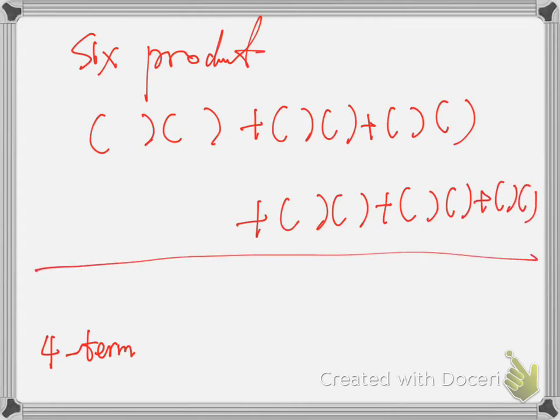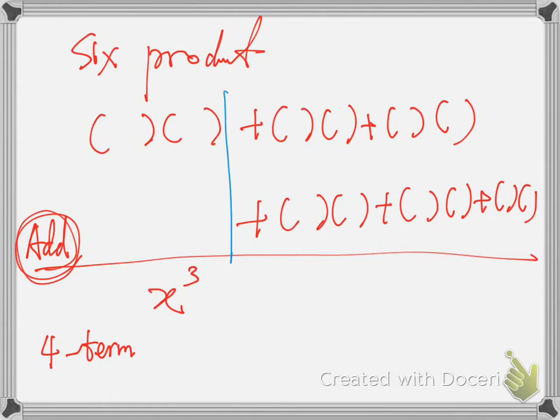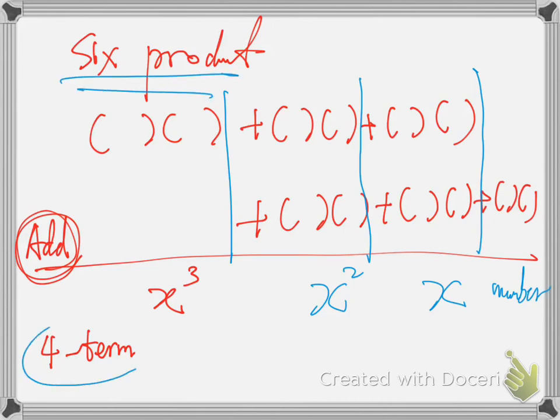After you put these 6 products, multiply them, and then you add to combine like terms. So you will get a 4 term answer. Here is the x cubed. These two, they are x squared terms. The next two, they are x terms, and then there's a number in the end. So 6 products give us a 4 term answer.